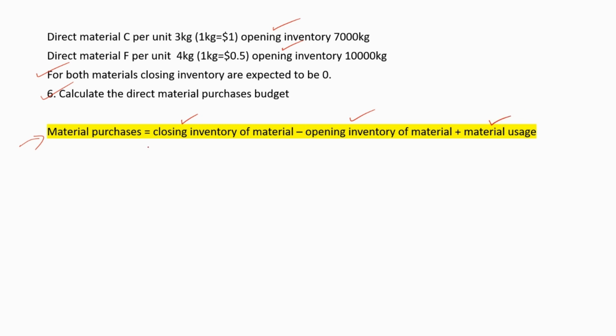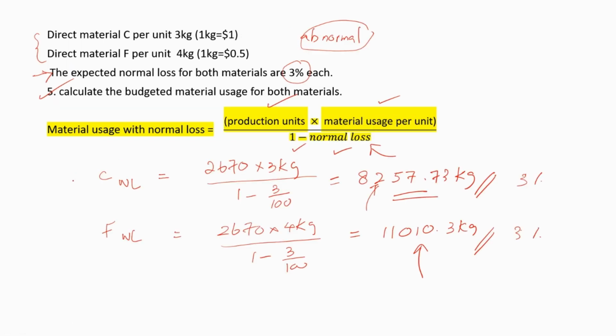If the question is giving you that there is a normal loss, you have to use the material usage with loss. If there are no losses, you can use the material usage for the production without losses. So now let's calculate the material purchases for material C and material F when there is a 3% normal loss. So we can use these material usages.